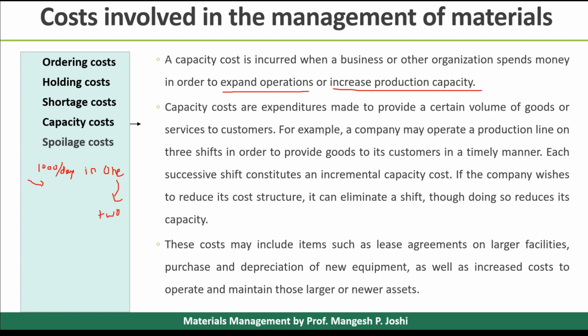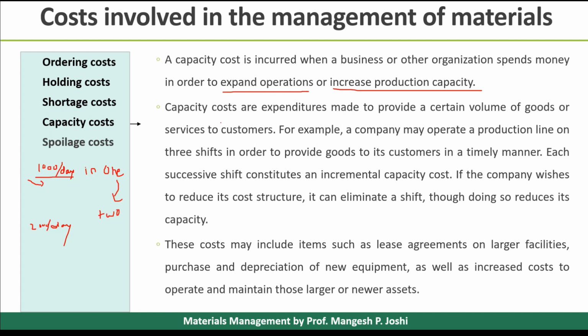So you are now producing 2,000 per day. This is the capacity cost required for increasing production capacity.